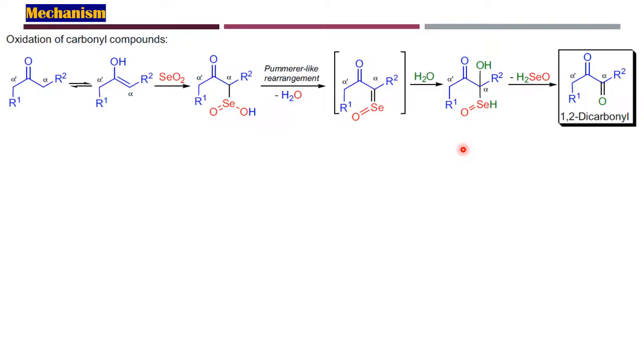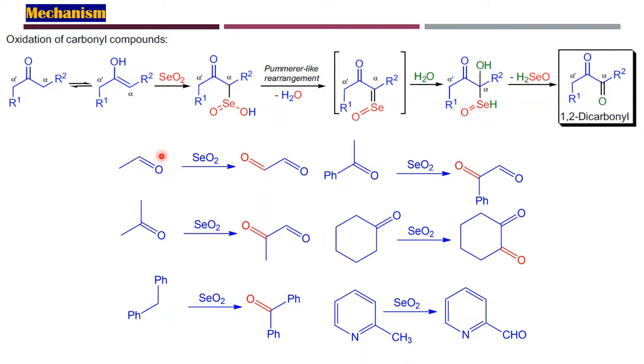So let's practice some examples. This is a simple acetaldehyde. This is the alpha carbon, so C=O will be formed here. So this is our glyoxal. If we take acetophenone, there is a phenyl group, so there is no CH2 over here, but a CH2 group is present here, so this will be oxidized, and that should be our product.